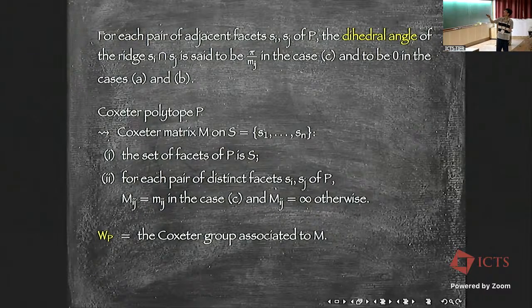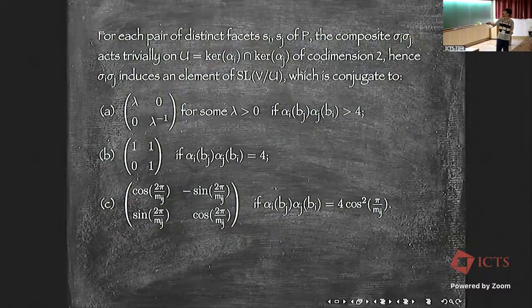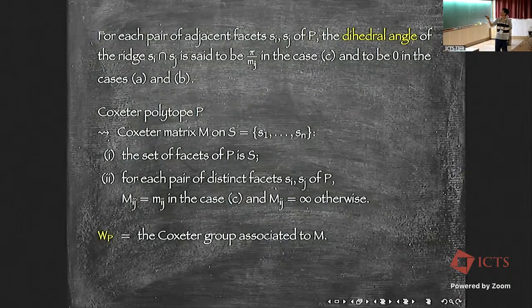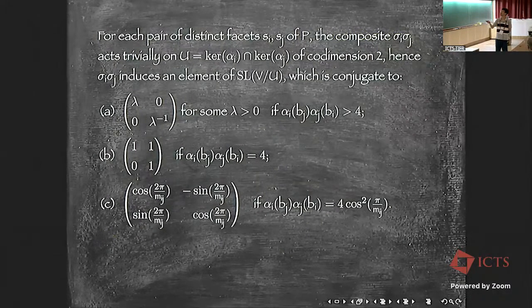So whenever we have a pair of adjacent facets, there are, as I said, 3 cases. For the last case, I call this the angle. For the other 2 cases, I will say the angle 0, and for this case, the angle pi over mij.